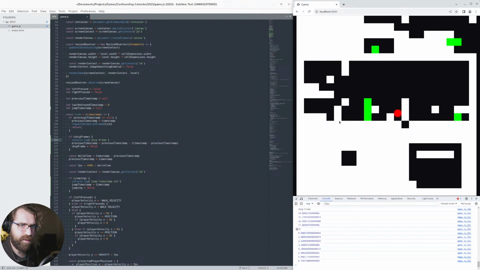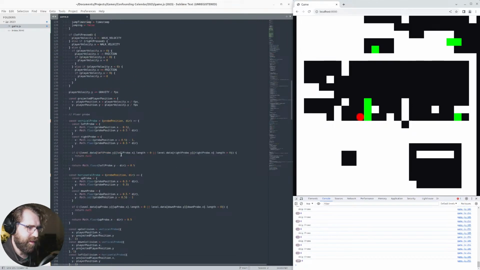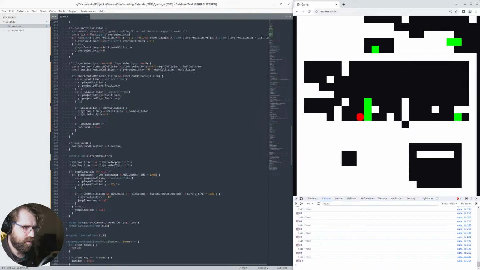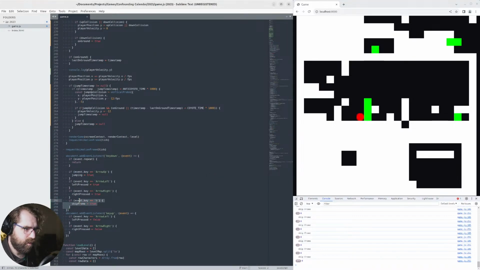So if I do this, you can see the behavior gets a bit weird. Can you see the behavior gets a bit weird? Maybe not. Let me do key down instead. Oh, that was key down. Or key press.